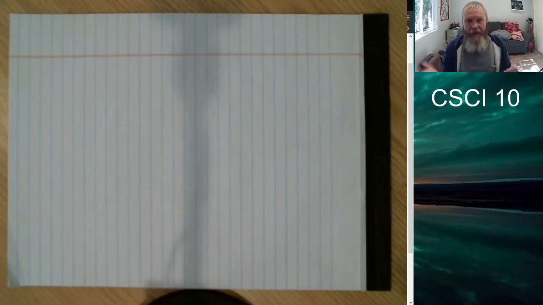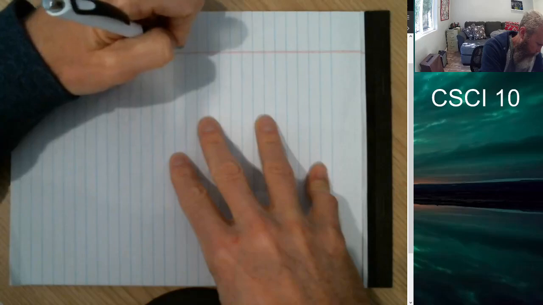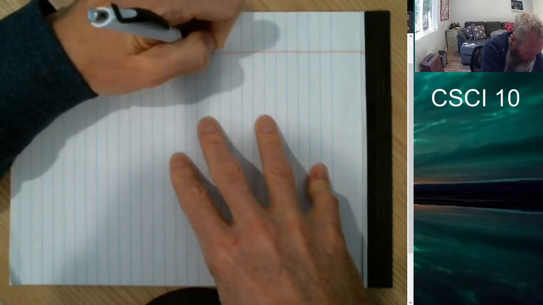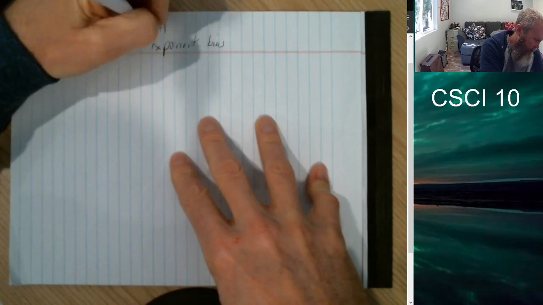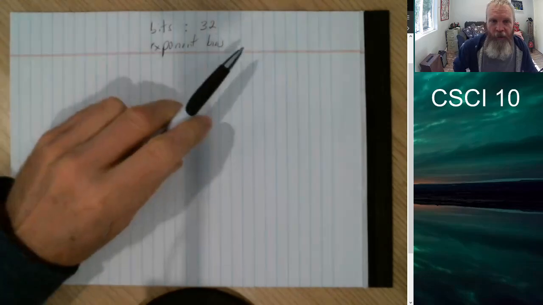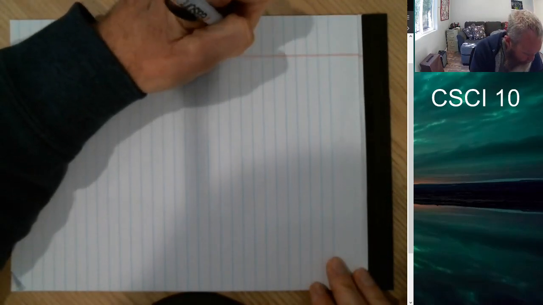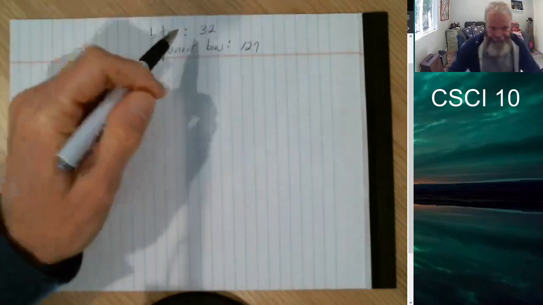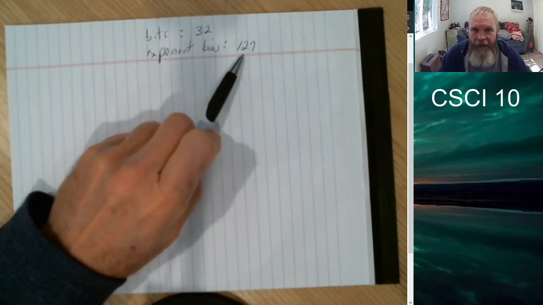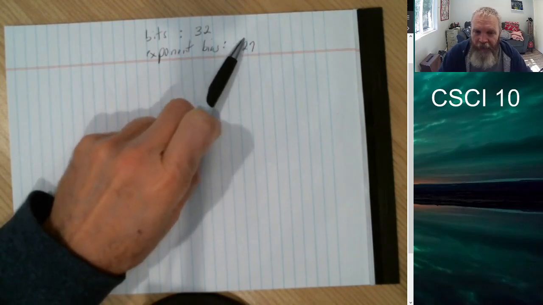Okay, so here's what you need to know to do one of these problems. You need to know how many bits you're using in terms of the standard. So we're going to do the 32-bit standard, which is called the single precision standard. We also need to know the exponent bias, which is 127. Where that number came from is the standard. I didn't have to compute 127.